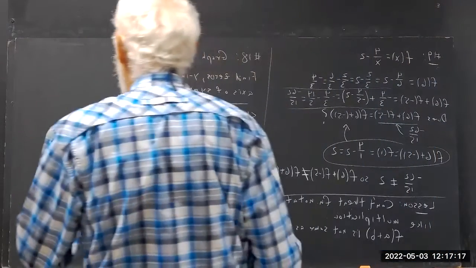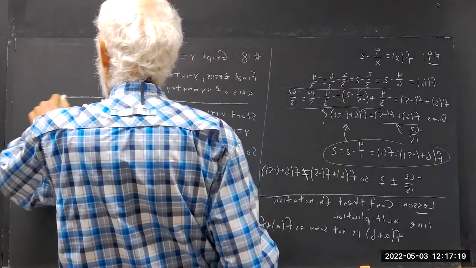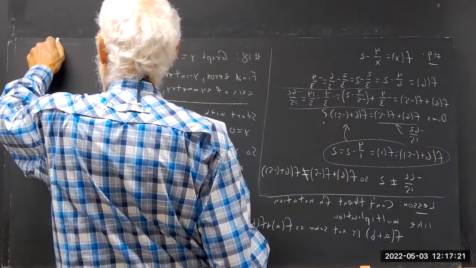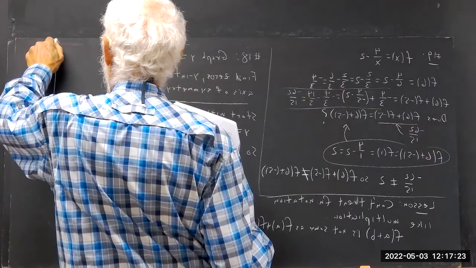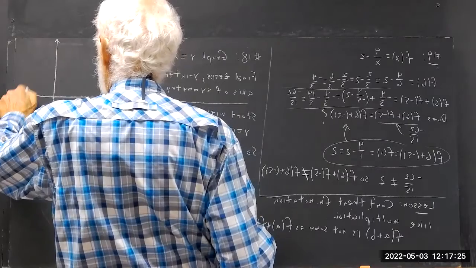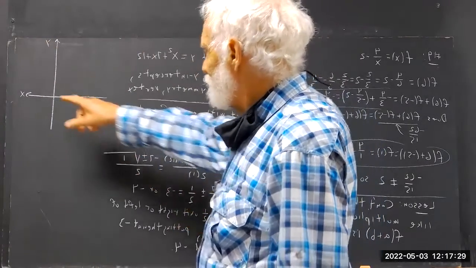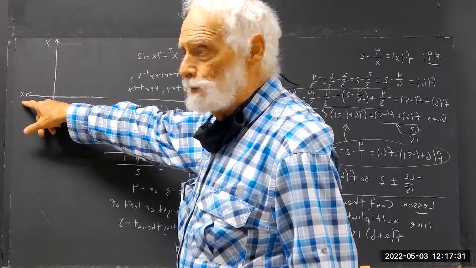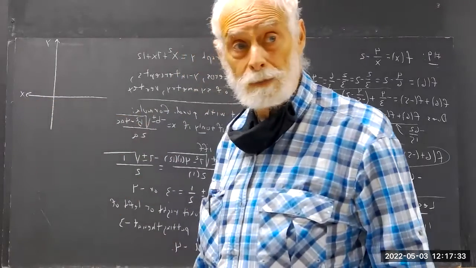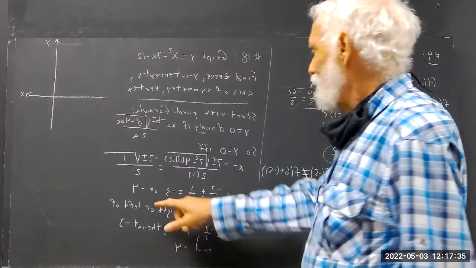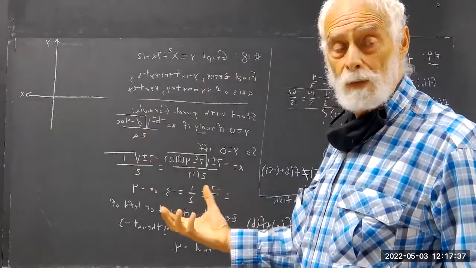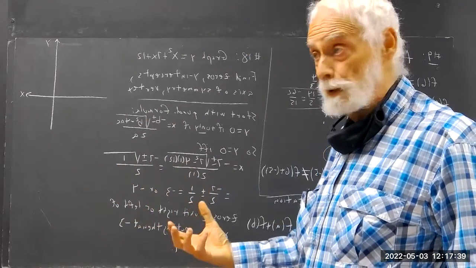So I'm going to put my x-axis here, my y-axis here. Why do I put a short segment of the x-axis to the right and a longer segment to the left? It's because these zeros are both to the left of the y-axis. They're both on the negative x-axis.